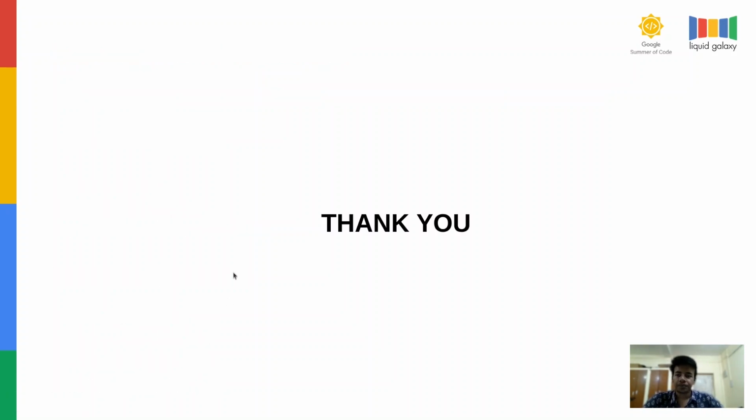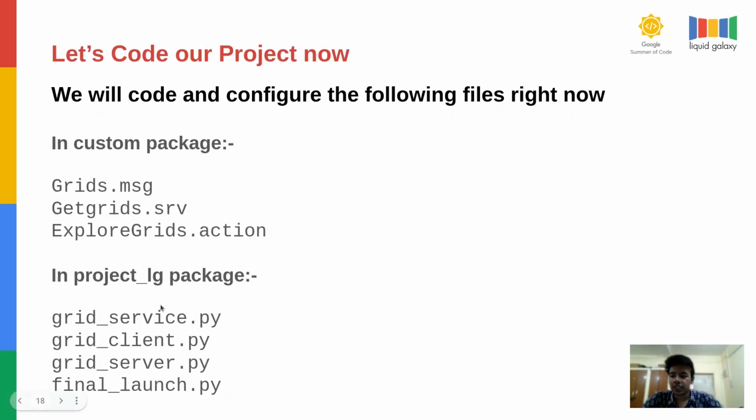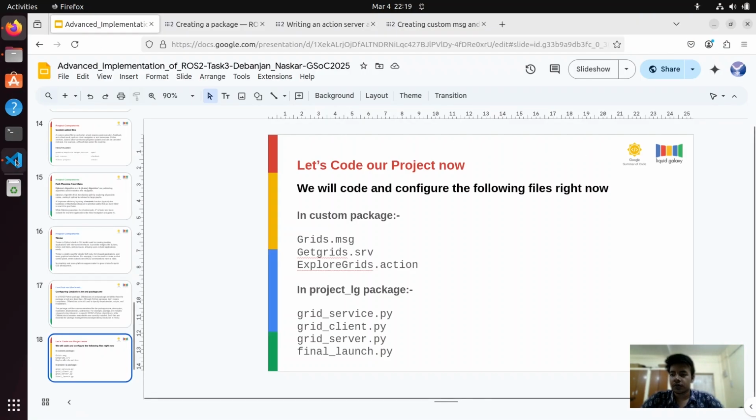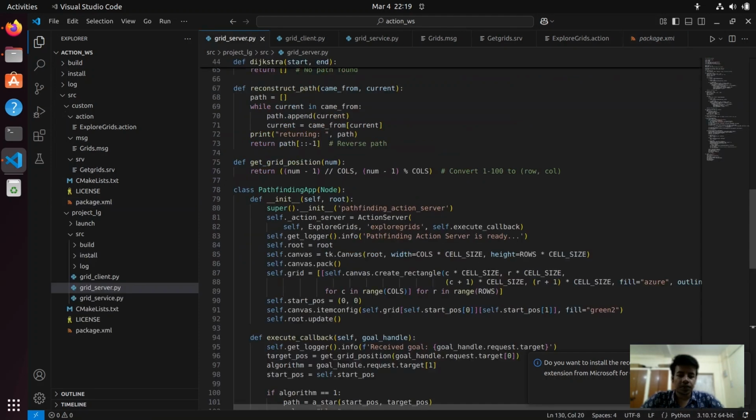Okay, fine. So this is the last slide and we will discuss the project LG package. This is the more important package in this project. So let's see how it works. If you go here, you will see.